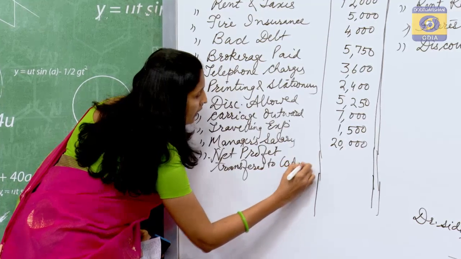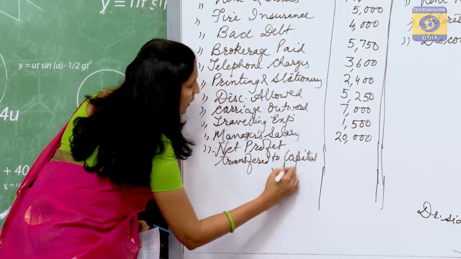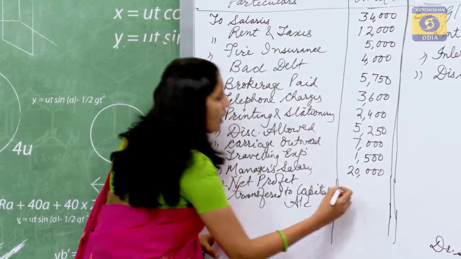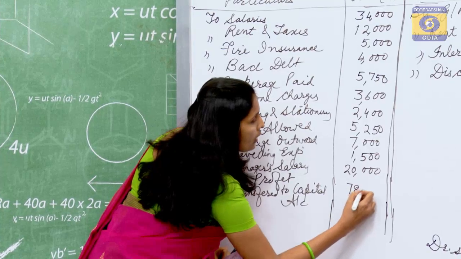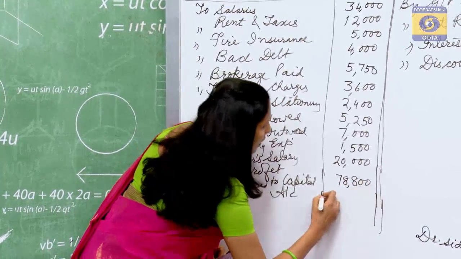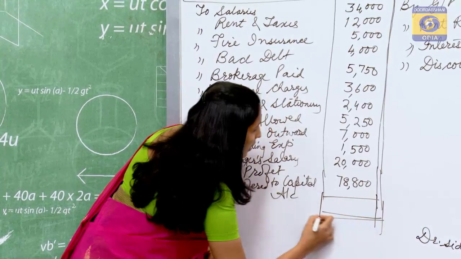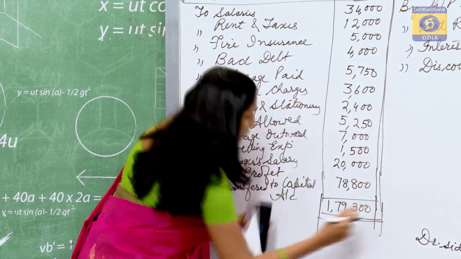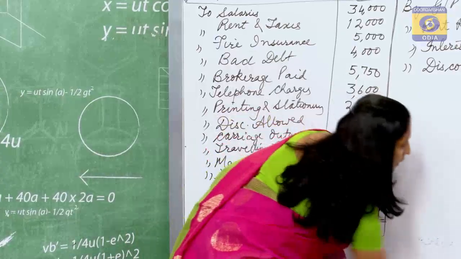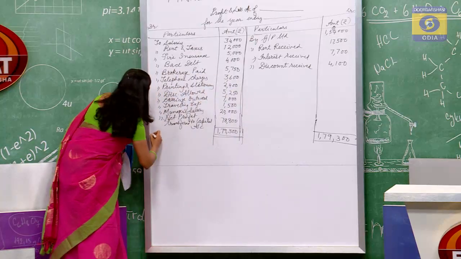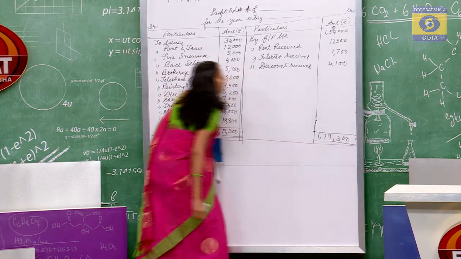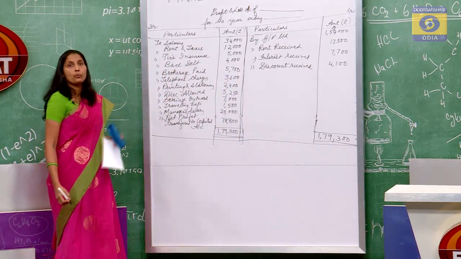As I already said, the net profit is transferred to capital account, and ultimately in the capital account this will be added. So the amount is 78,800, and we will do the totaling the same way, 1,79,300. We will erase this working and the account closes. So that's the profit and loss account. That's how you find out the net profit.